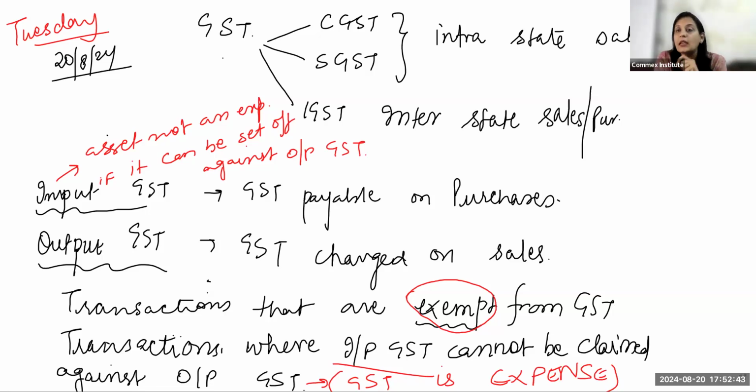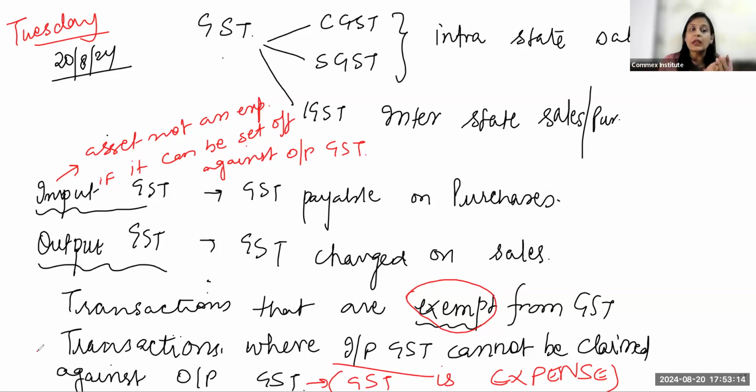Because input GST will always have a debit balance. Debit balance is of two things: expense is also a debit balance and the asset is also a debit balance. So we have to differentiate when it is an asset and when it is an expense. Most of the times, 98% of the times you can say, the input GST which we pay on our purchases is an asset, not an expense.